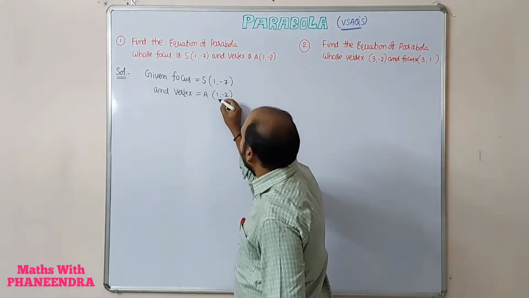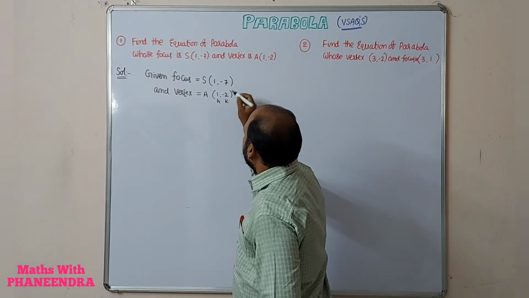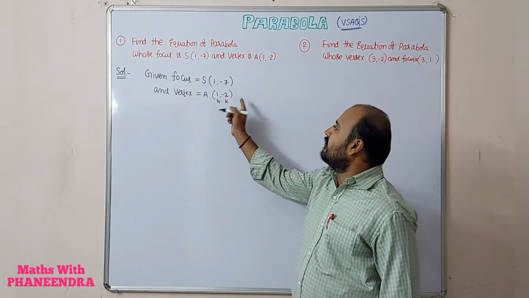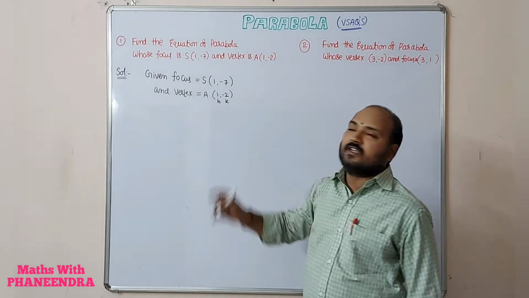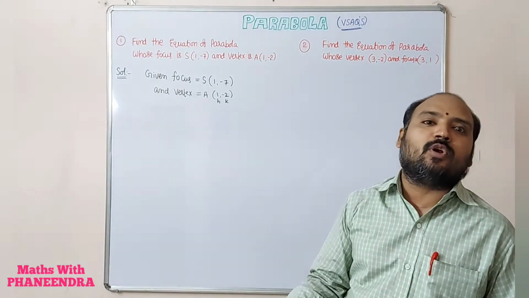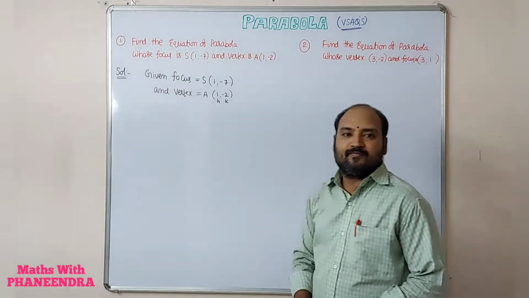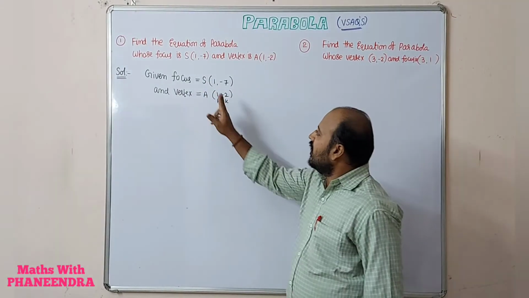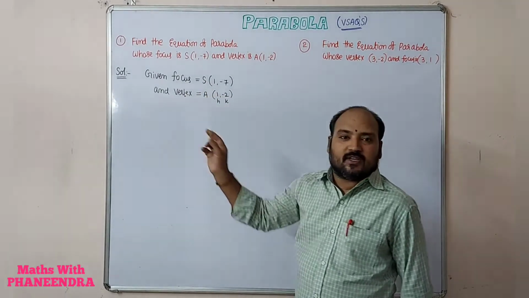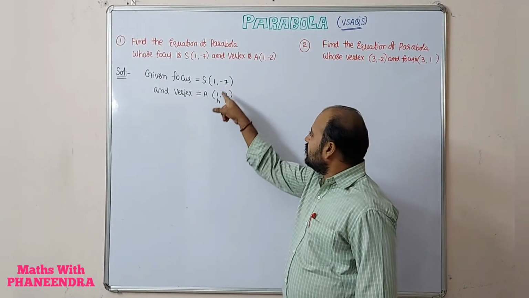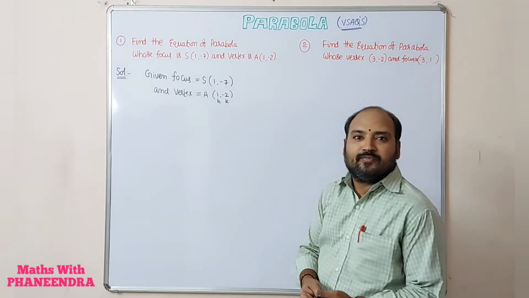Vertex denoted by H comma K, which is represented by capital A, and the X and Y coordinates of the vertex can be written as H comma K here. If it is standard form, we can take 0 comma 0 as the vertex. Observe carefully, dear students, in this question, focus and vertex x coordinates are equal.